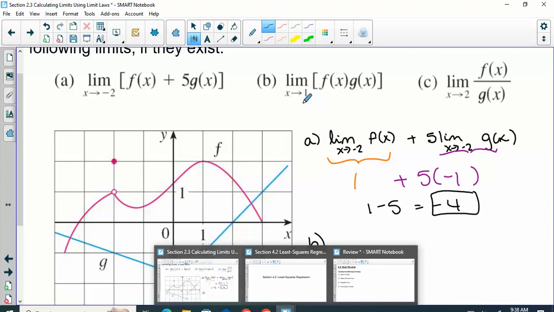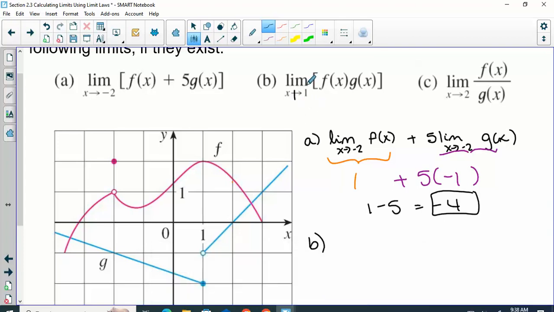B, how would I rewrite this one? We have the limit as x approaches 1 of f of x times the limit as x approaches 1 of g of x. Alright, so f, as we are approaching 1, what y value is f getting close to?